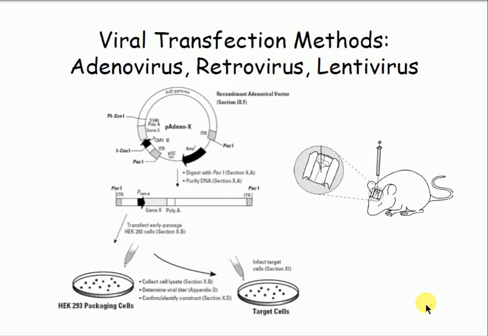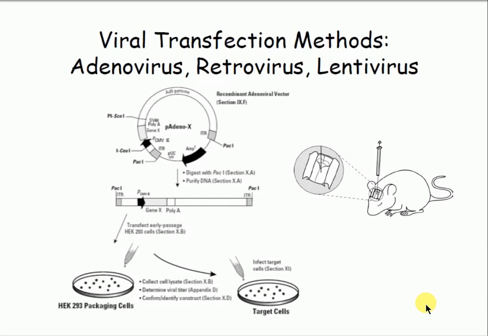So then we put this DNA that we have generated in bacteria, we transfect into the packaging cells. These cells will take the DNA and put the DNA into viral particles. And these viral particles are then released from the cells. So in the supernatant of these cells, we have viral particles.